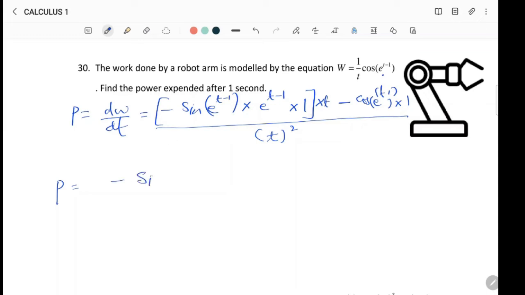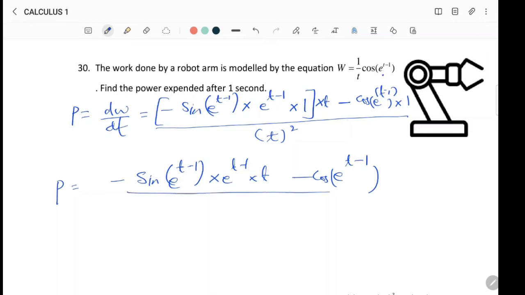So P we will get minus sine e to the power t minus 1, then times e to the power t minus 1, then times t, minus cos e to the power t minus 1 over t square.